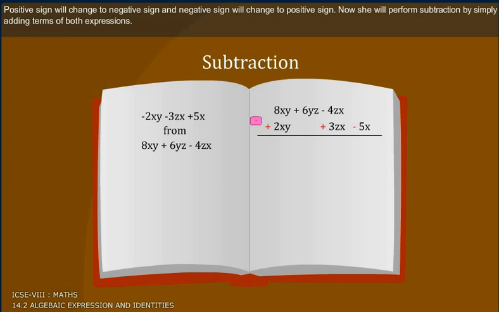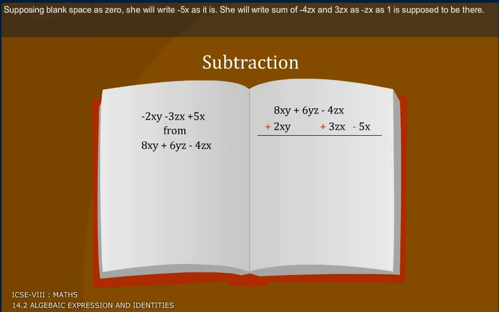Now she will perform subtraction by simply adding terms of both expressions. Supposing blank space as 0, she will write minus 5x as it is. She will write the sum of minus 4zx and 3zx as minus zx, as 1 is supposed to be there.